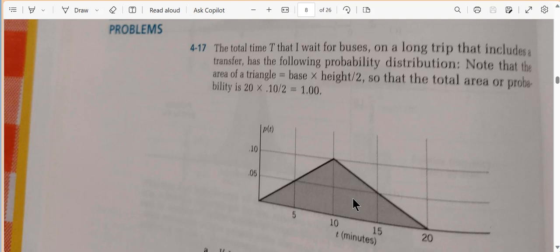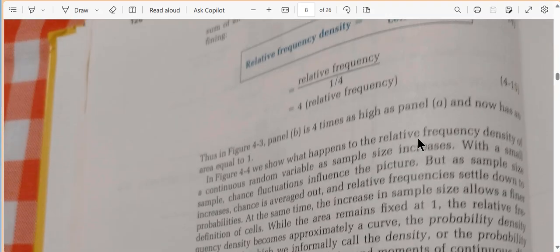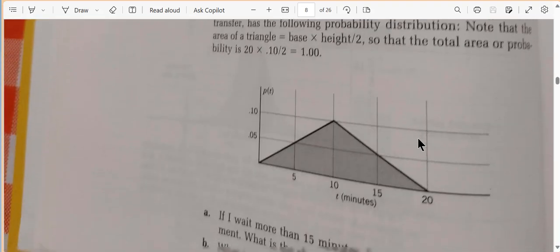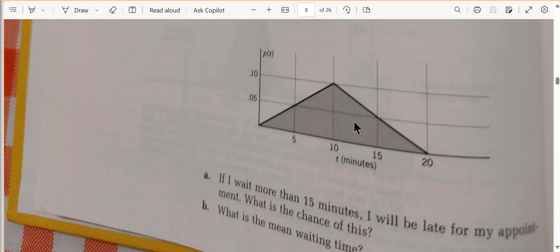And then this is half of 0.25, half of 0.25, half of 0.25, and half of 0.25. That's another 0.5. So the total area under this is 1. So this is what we call a valid probability distribution, or actually, I should say a valid probability density function.